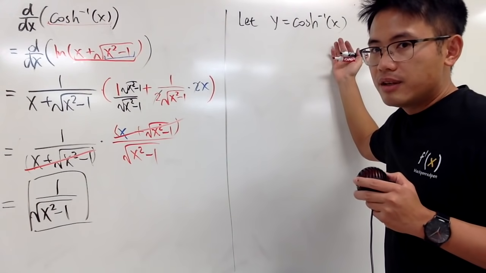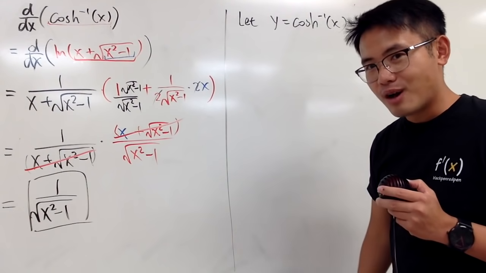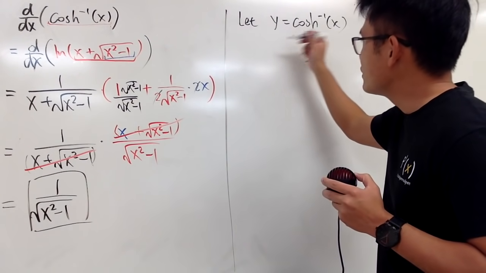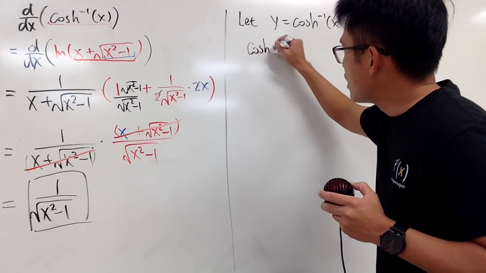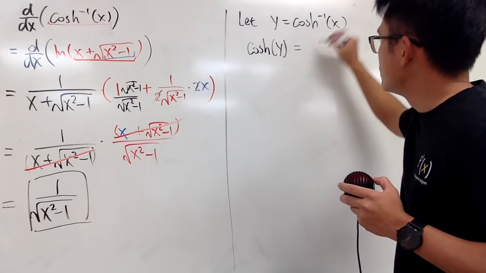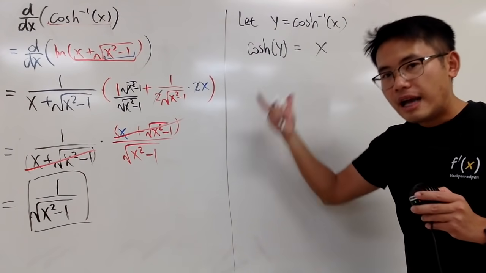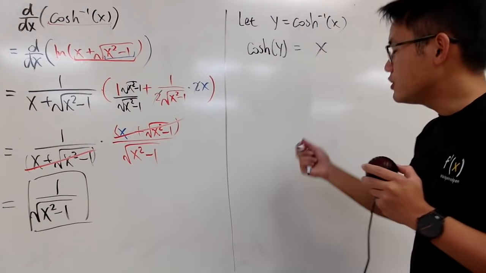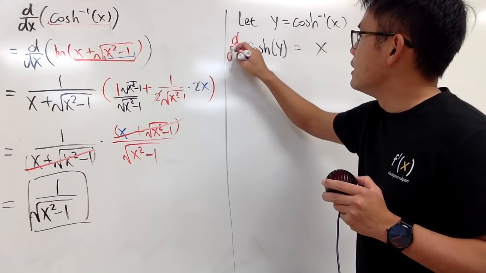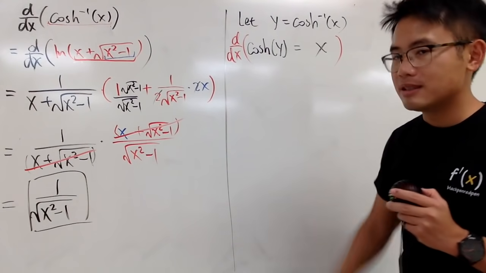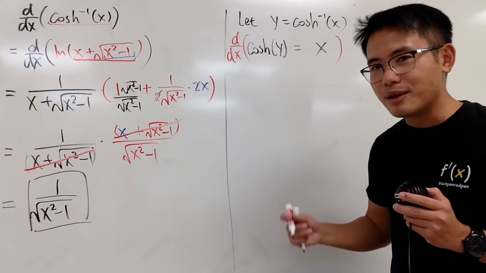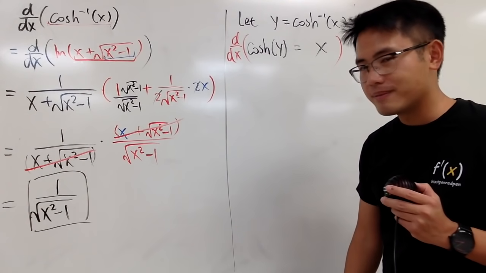When we have this, I can take the original cosh on both sides. So I can say the original cosh of y is equal to just x. And by looking at this, I can differentiate this with respect to x.